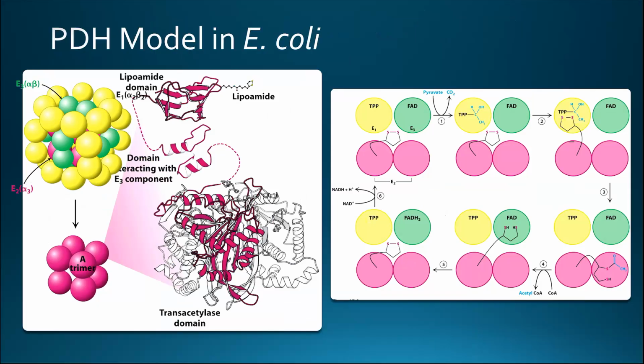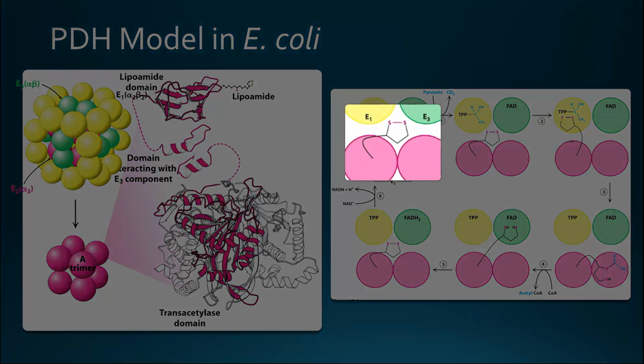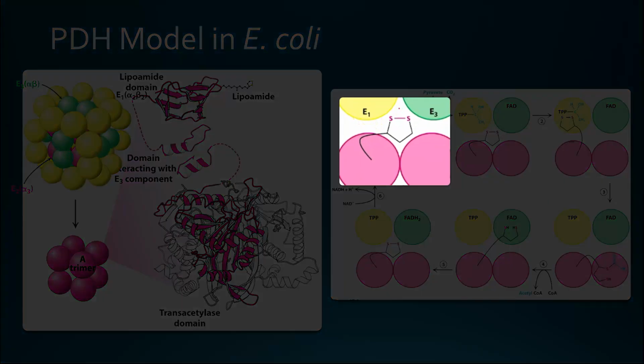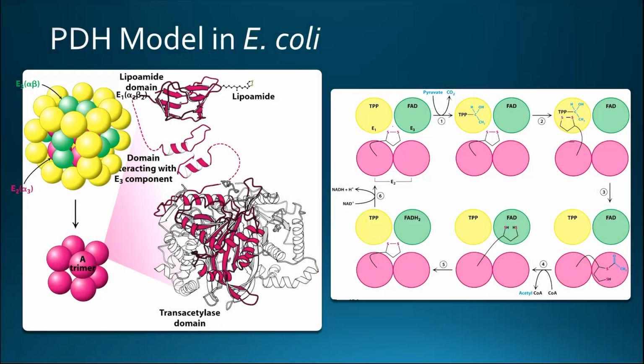In this diagram on the right, the lipoamide group is shown as being attached with this linker that can therefore move back and forth between the places where that needs to react.